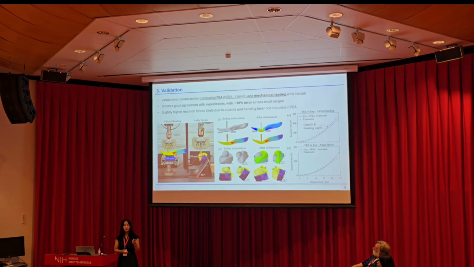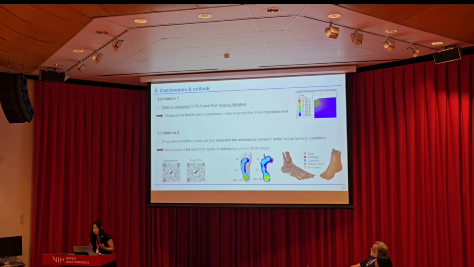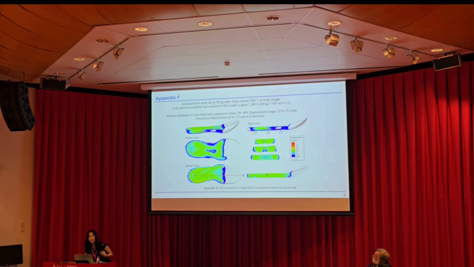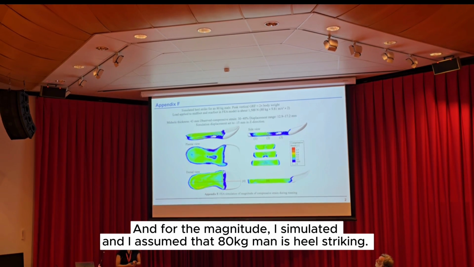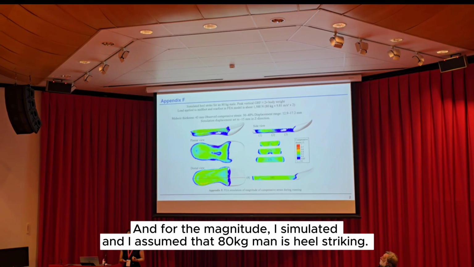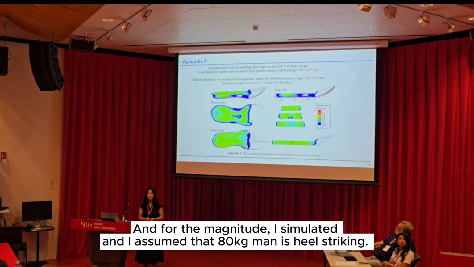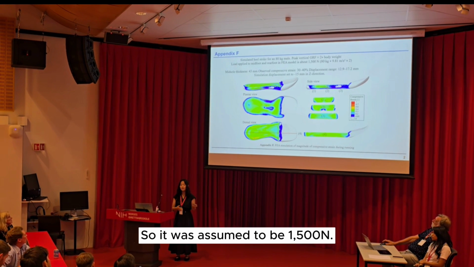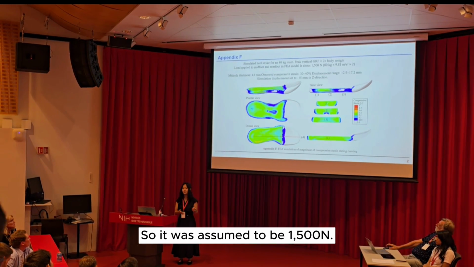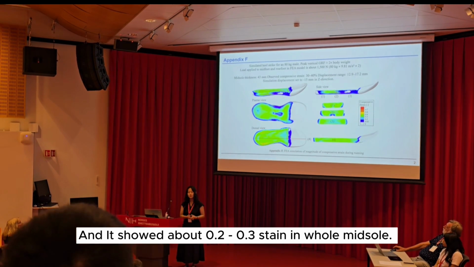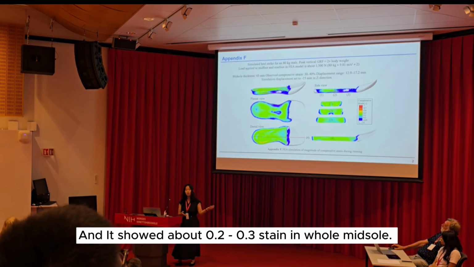And for the magnitude, I simulated and assumed that an 80 kilogram man is heel striking. So it was assumed to be 1,500 Newton, and it showed about 0.2 to 0.3 strain in the whole midsole.